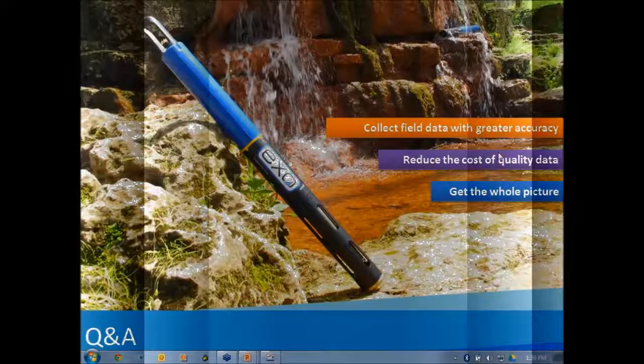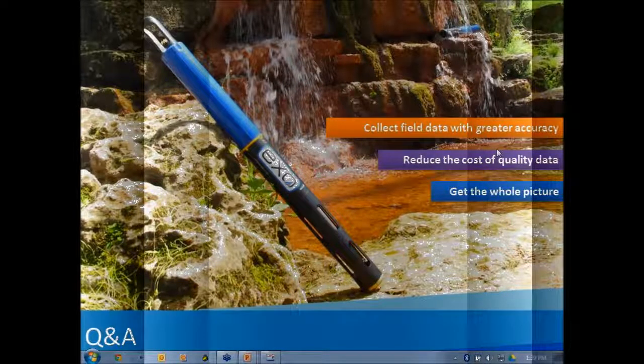Another question is a definition type question. They ask, what is the difference between phycocyanin and phycoerythrin, which are terms Tim discussed in the presentation? At a very high level, both are accessory pigments for cyanobacteria.